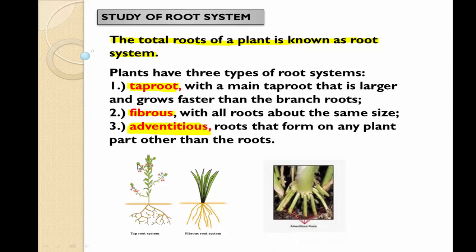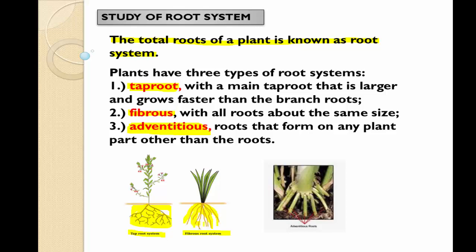Here this first image and the roots of that plant show taproot system. Here you can see how the roots and their branches are arranged. The structure is completely different from that of fibrous root. You can compare the image with that of taproot system.